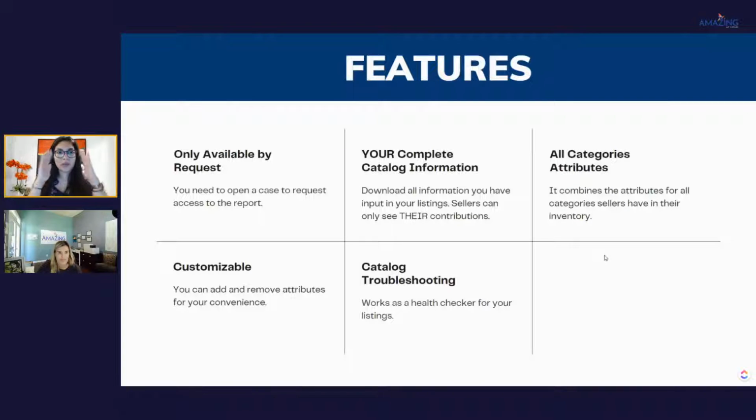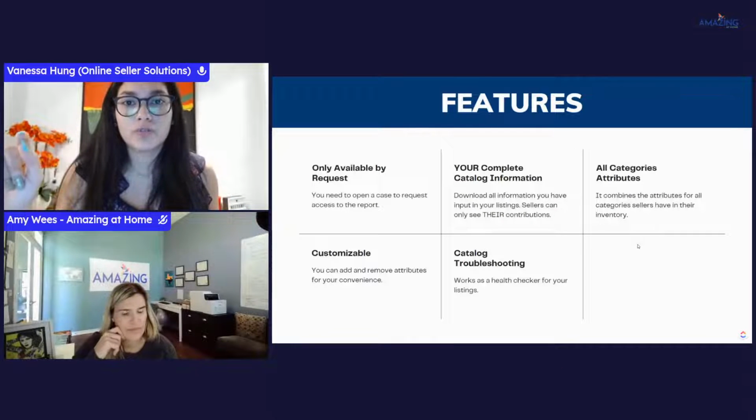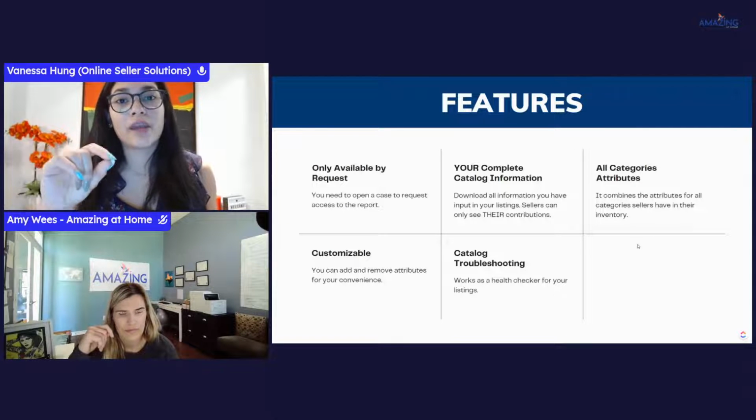So bear with me, this is probably a little bit abstract, but just to give you an example, a seller came and said, hey, when I go to the front end of my listing on the product detail page, in the table under the price, where you sometimes have very technical specifications, the technical details of the listing, I'm seeing that Amazon put that my product is made of wood, but it's actually not made of wood, it's made of rubber.